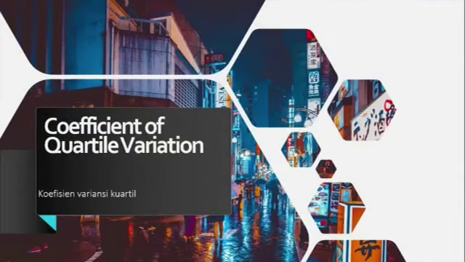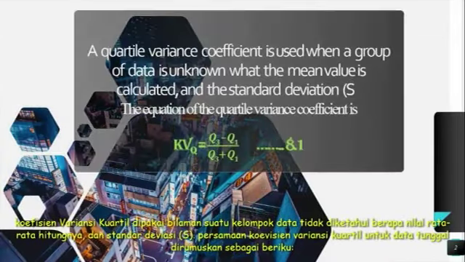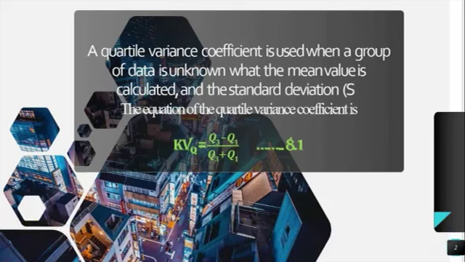Coefficient of quartile variation. The quartile variation coefficient is used when, for a group of data, the mean value and the standard deviation are unknown. The equation of the quartile variation coefficient is KVQ equals (Q3 minus Q1) divided by (Q3 plus Q1).